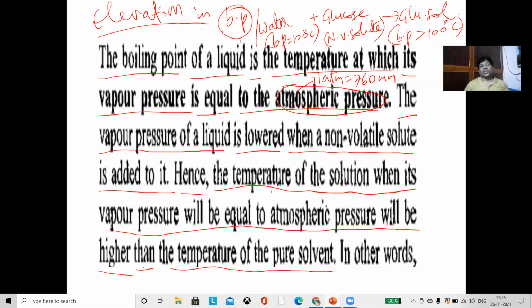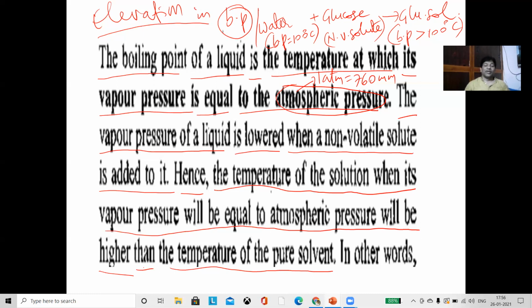That's why the temperature must be raised more. More heat energy is required to make the vapor pressure of liquid water equal to the vapor pressure of air, that means atmospheric pressure. That's why whenever we add a non-volatile solute to a volatile solvent, the vapor pressure of the solvent decreases and hence the boiling point increases.